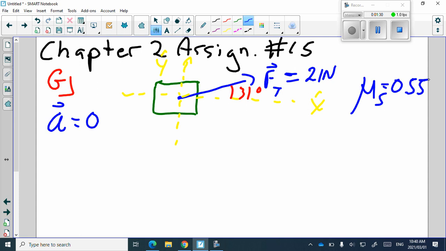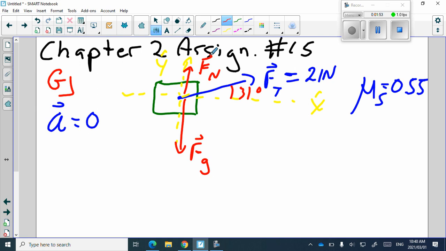And we need some more forces. Force of gravity. Right? Normal force. Right?